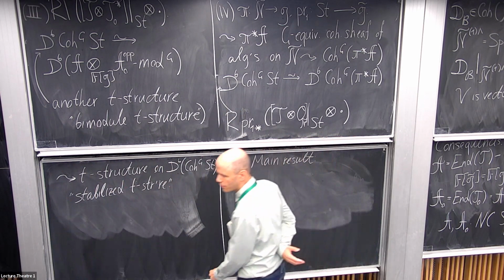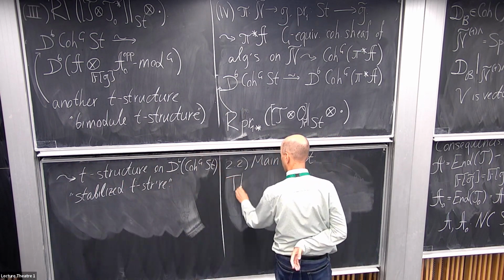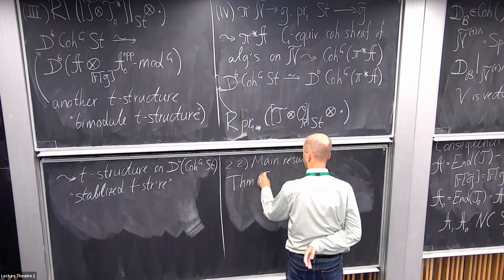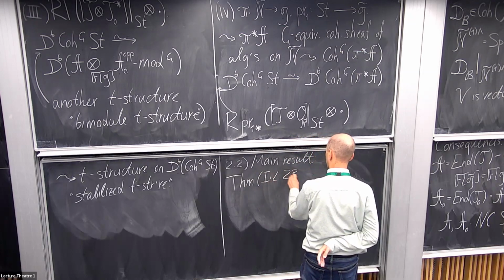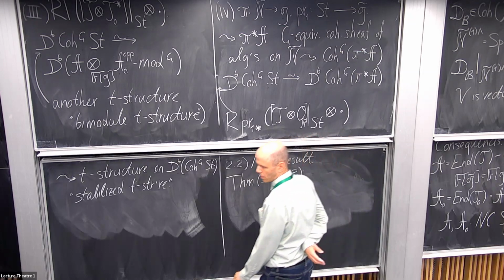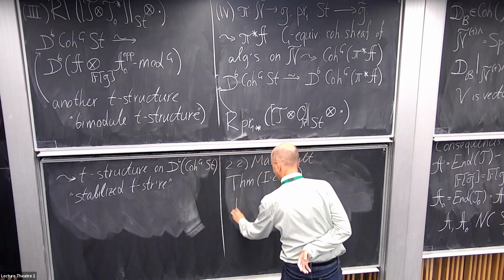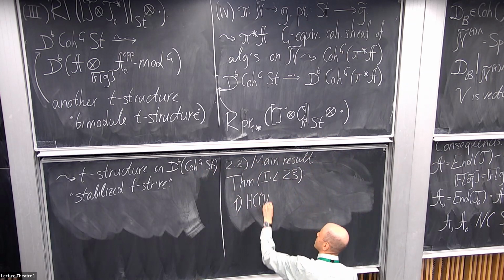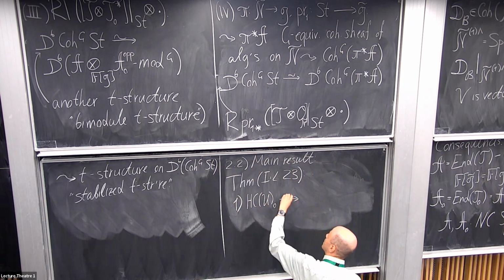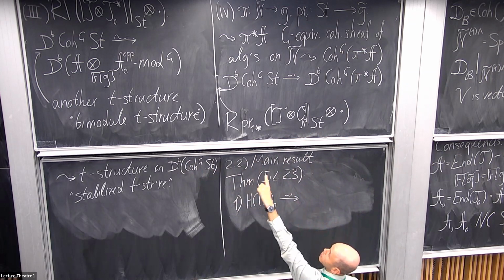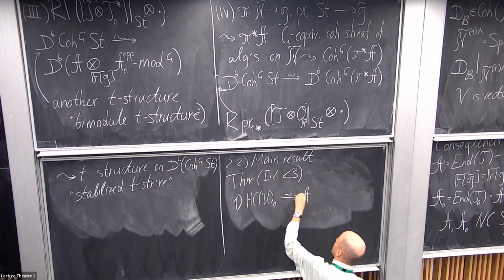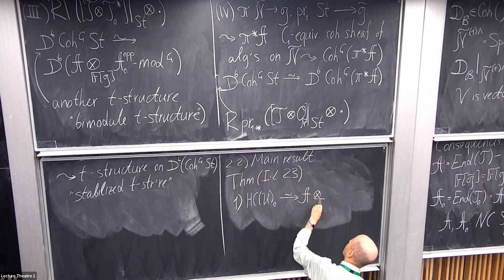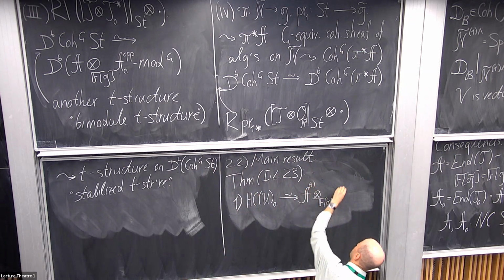And the main result is the following theorem due to myself earlier this year: the category HC U0 is equivalent to that category of bimodules on top, to the heart of the bimodule T structure. But of course I need to twist everything by one, by Frobenius.